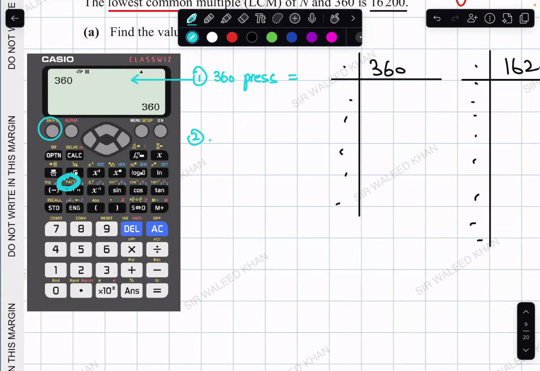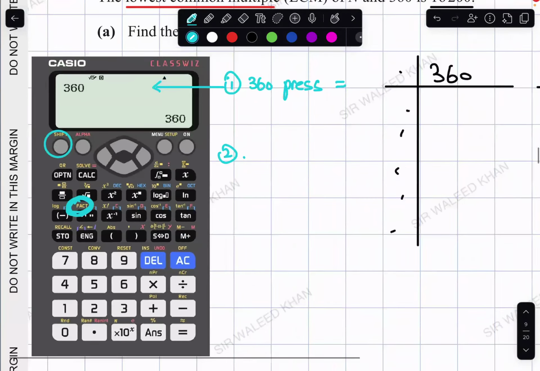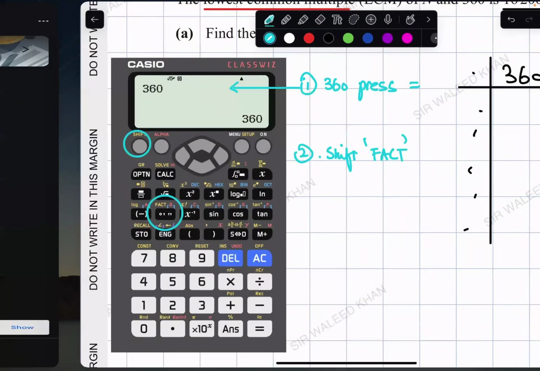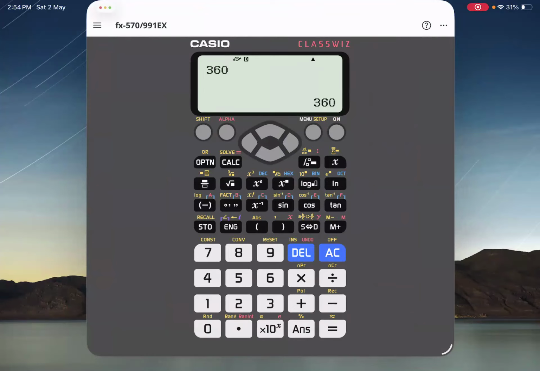Do you see this written anywhere? FACT. Can you see it in your own calculators? Is it anywhere? Mahnoor? Yes, sir. Okay. So in the second step, you are going to use shift and press this. Fact. Okay. Now, Mahin, Vishay, what about you? Can you see it? Yes. Okay, now shift. Right. Got it? Directly.